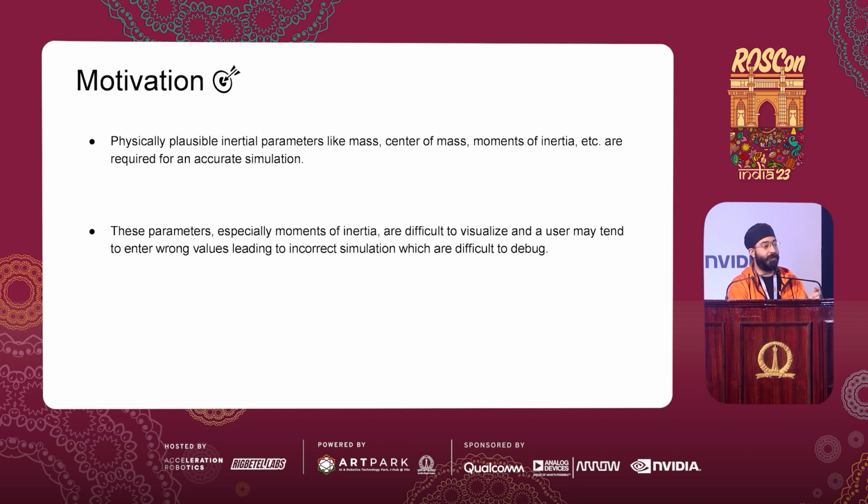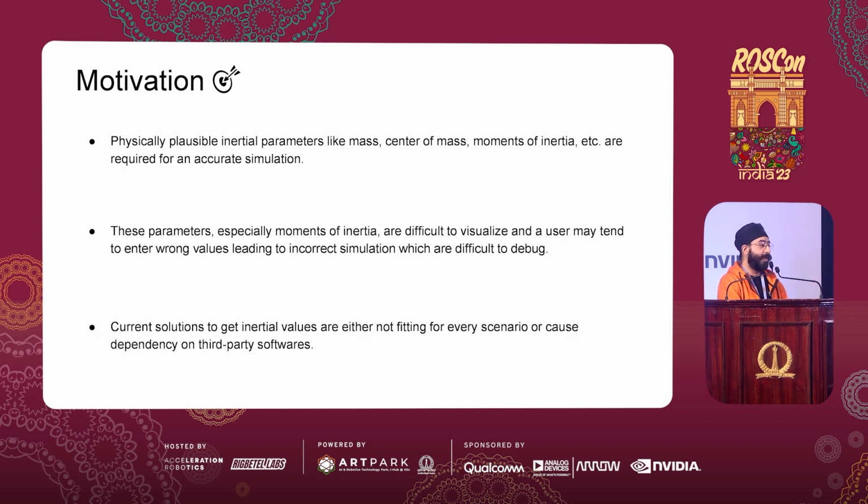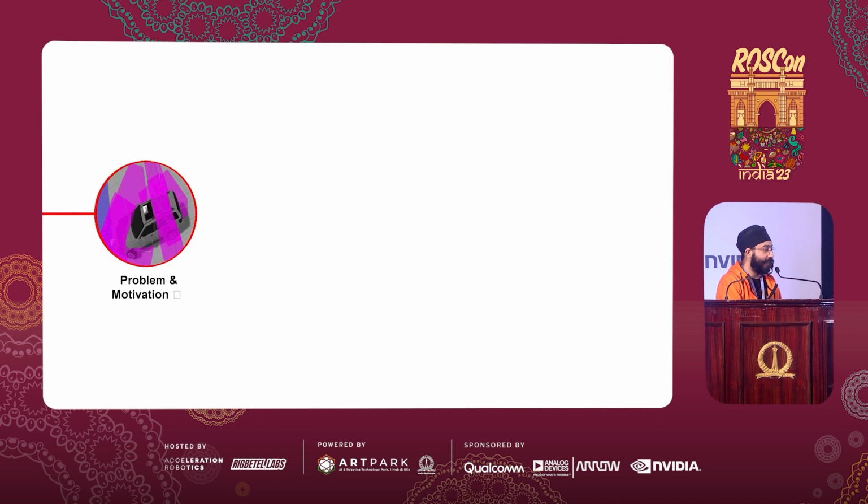It might be hard to pinpoint exactly which link has the wrong inertial values and is causing the problem. And finally, the existing workflows cause a dependency on third-party software, or they might not be fitting for every situation, like manual calculations or going with the default values. So this is how we get to the problem and the motivation behind the project.